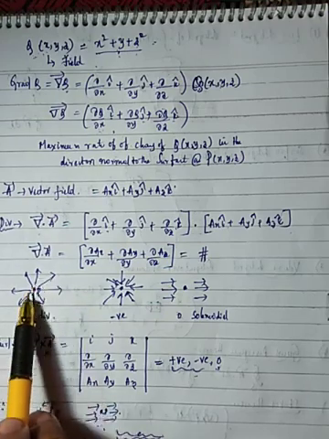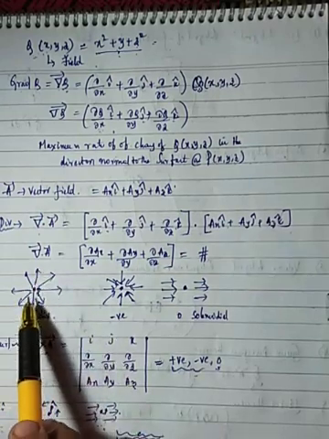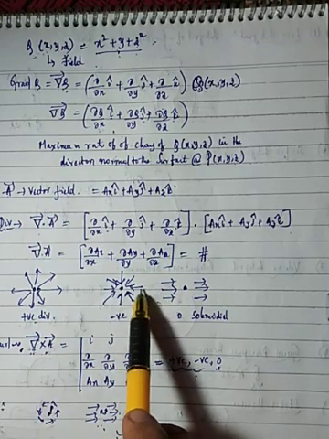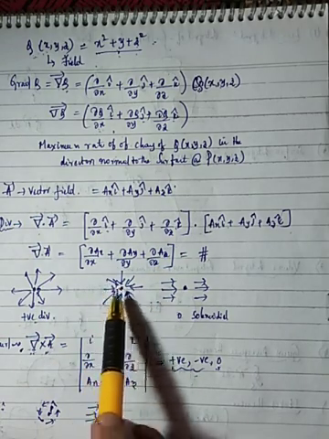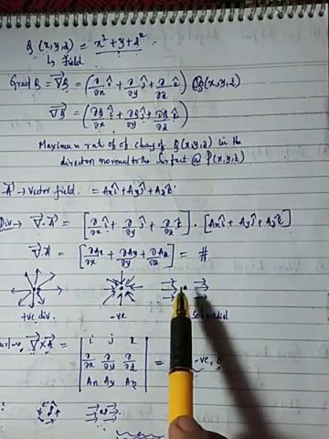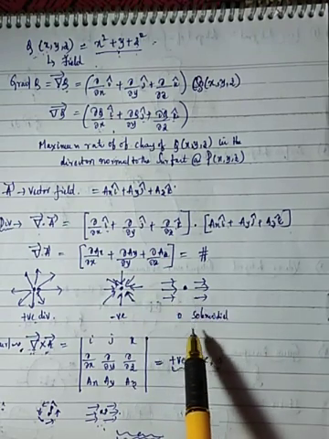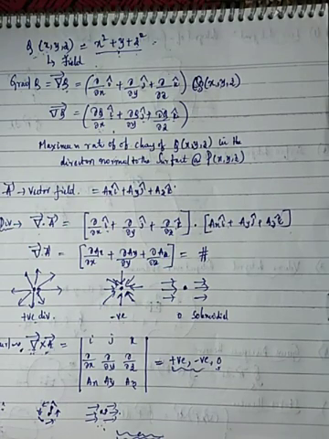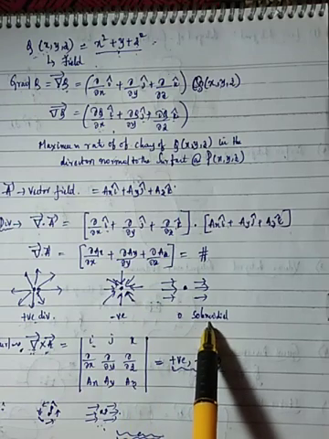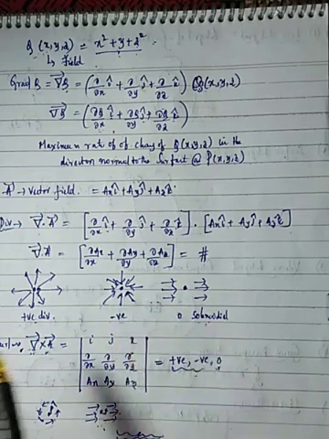It is radiating some lines of force in the physical context, or it is radiating some vector. That's why this is called a source. If it is negative, all the vector lines are coming into that. This is called a sink. Suppose that this is 0, then it is neither generating anything nor sucking in anything. That is why this is called a solenoidal field. So this is source, sink, and solenoidal based upon whether this value is positive, negative, or 0.